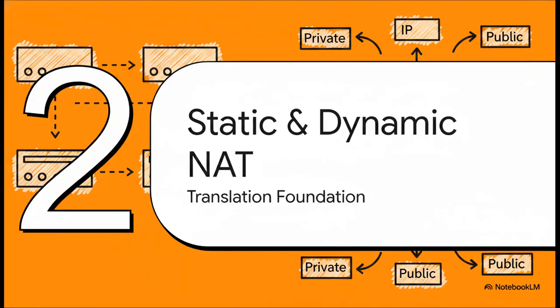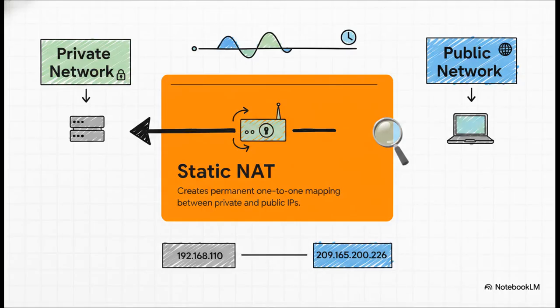Moving right along to Section 2, Static and Dynamic NAT, the foundation of translation. Now that our boundaries are totally set, let's start creating the actual translation rules, and we'll kick things off with the most straightforward forms. Static NAT is, well, it's super simple. It just creates a permanent one-to-one mapping.